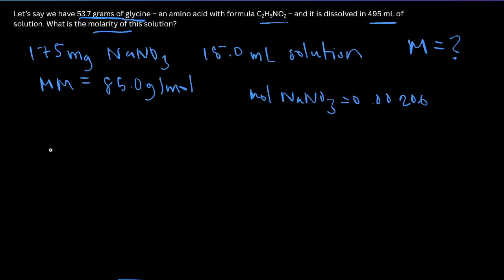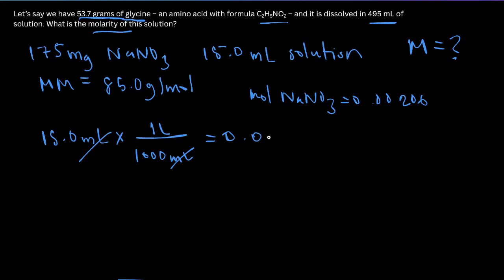So, we have 15 milliliters. We know that there's 1,000 milliliters in 1 liter, giving us 0.015 liters.